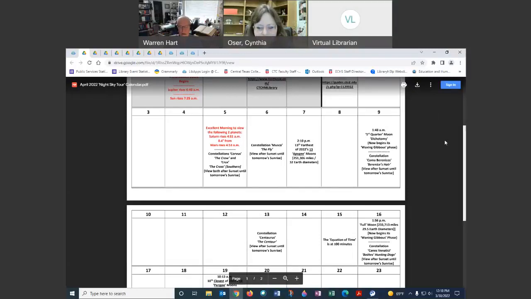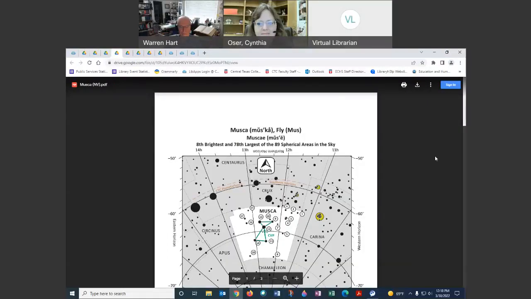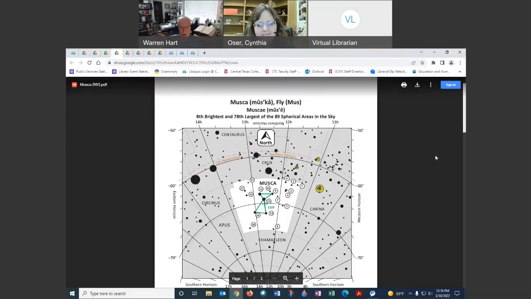Let's go to it, and you're going to see something different about this. Now, there you are, Musca the Fly. Do you see the southern horizon dashed line? Yes. Where is it? It's back up where we just talked about Crux.